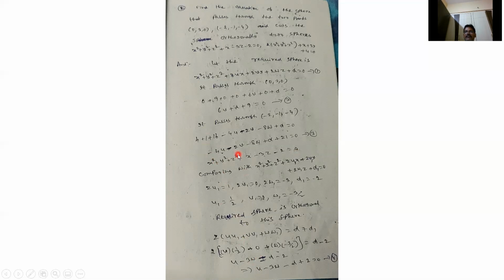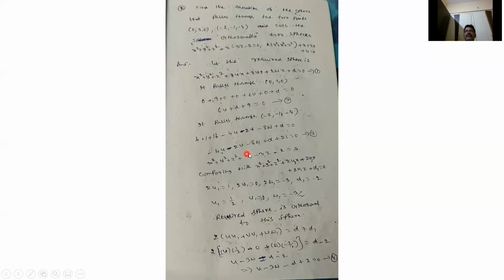So for v, we get minus 2v. For w, 3 plus 4 into 4: minus 8w, and 4 into 4 means minus 12w. Minus 8w minus 12w is minus 20w.